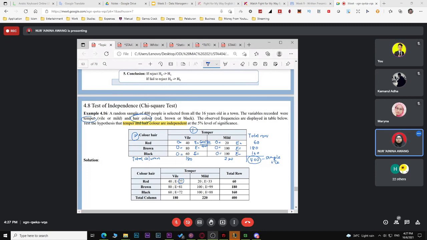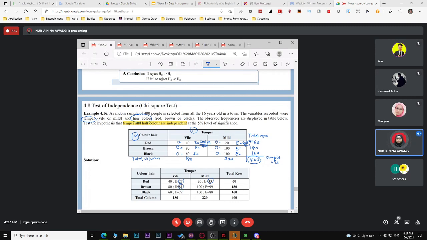Then for this column and row, you just multiply 60 times 220 over your sample size 400, and you will get this value, 33. It is the same for brown: 180 times 180 over 400, and you will get this value.